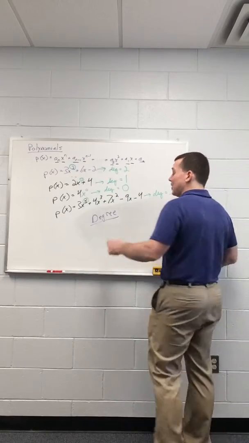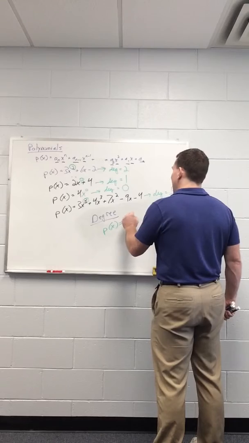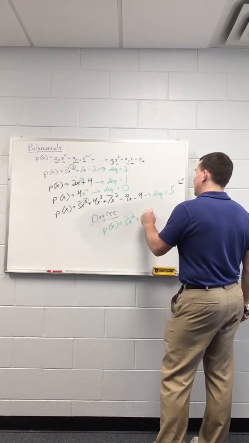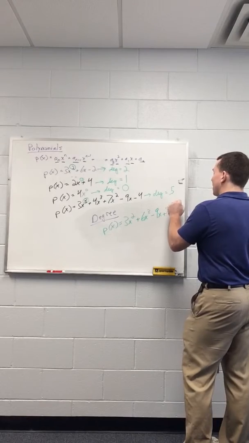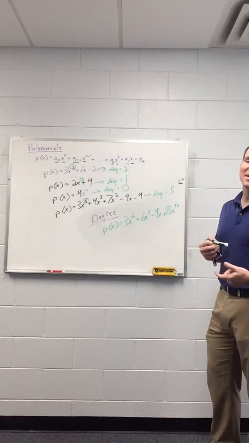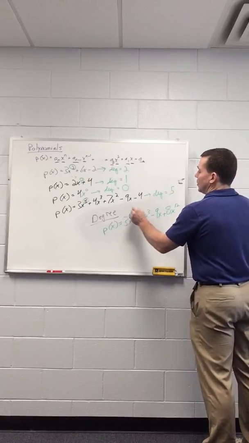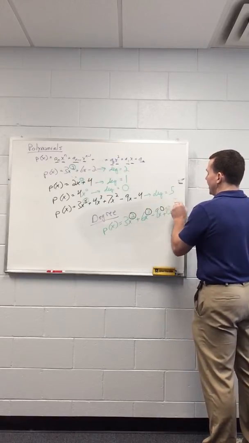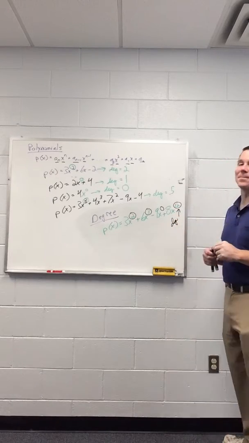But keep in mind, you could just as easily say p of x equals 3x squared plus 6x cubed minus 9x plus 8x to the 12th. That's not written in standard form, but if you want to find the degree, 2, 3, 1, 12. 12 is the highest, that's the degree right there.